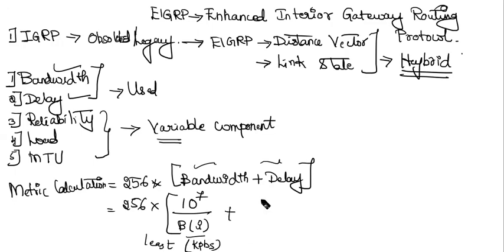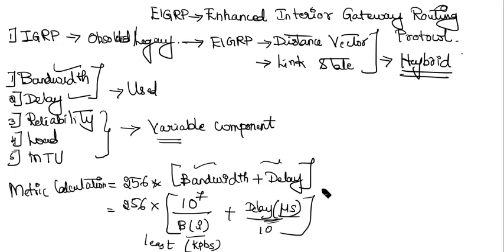And the delay is the delay in microseconds. This delay is the sum of the delays configured on the interfaces on the route towards the destination network, calculated in microseconds.